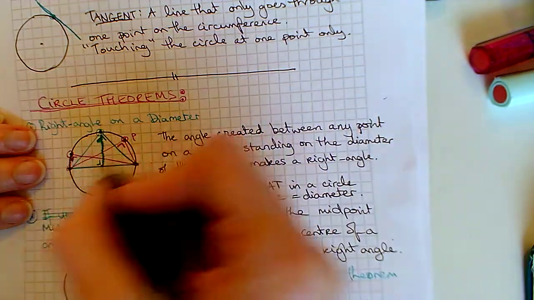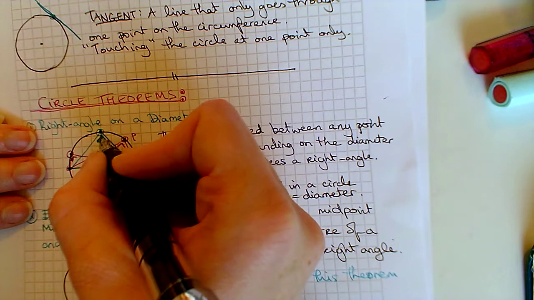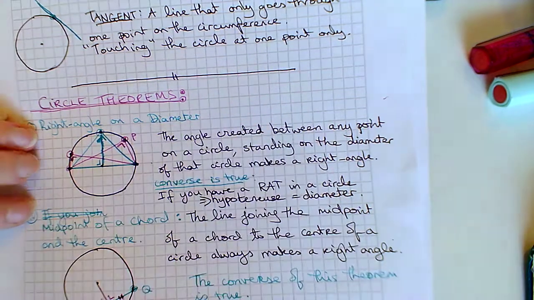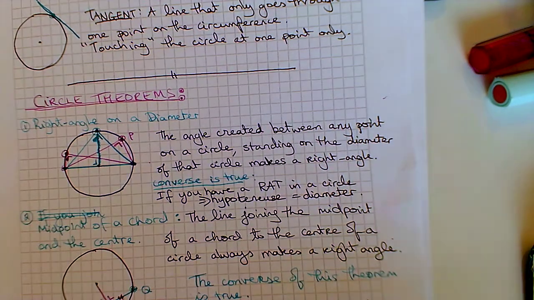So if I draw any circle and it makes a right angle up here, I know that the longest side there must be a diameter by the converse of this theorem.